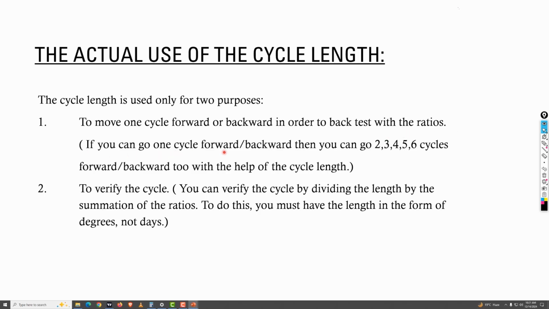If you can go one cycle forward or backward, then you can go 2, 3, 4, 5, 6 cycles forward or backward too with the help of the cycle length. And number two, to verify the cycle. You can verify the cycle by dividing the length by the summation of the ratios. To do this, you must have the length in the form of degrees, not days.